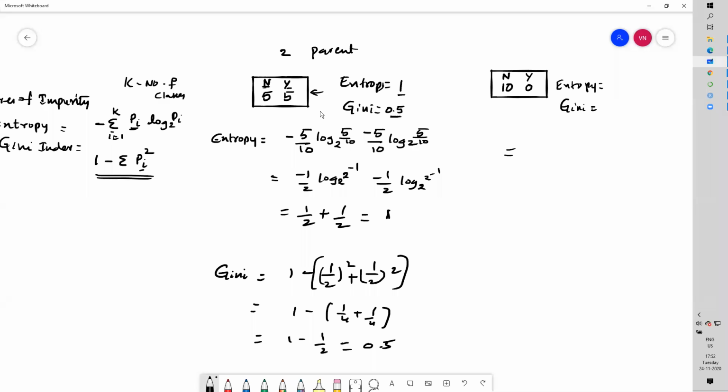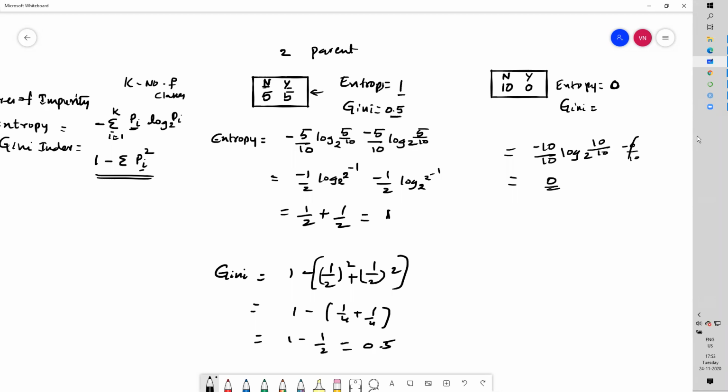So the entropy here is minus 10 by 10 log of 10 by 10 to the base 2. And the other one is minus 0 by 10, so I don't need to even write it. So log 10 to the base 10 is 1. Log 1 to any base is 0. So entropy is 0. So for a perfectly pure node, entropy would be 0.